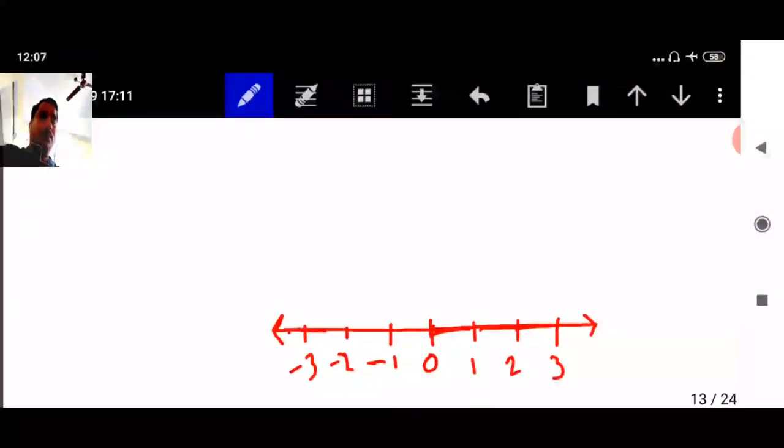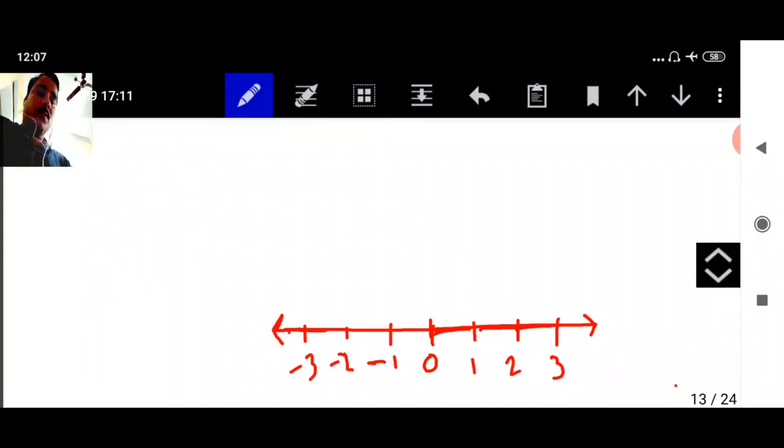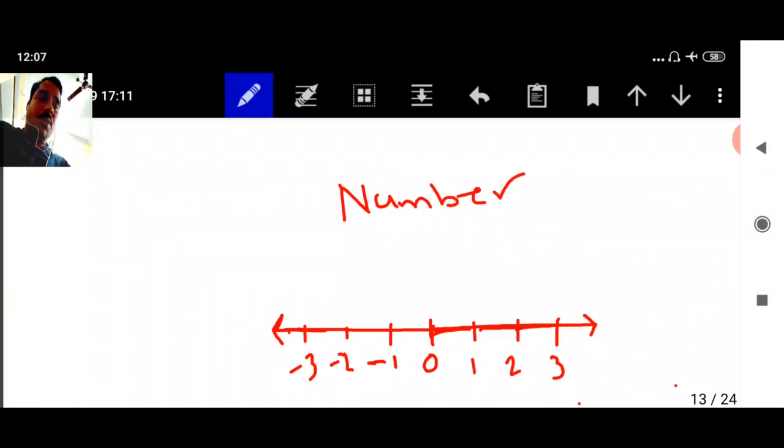As if we want to find a number between 1 and 2.